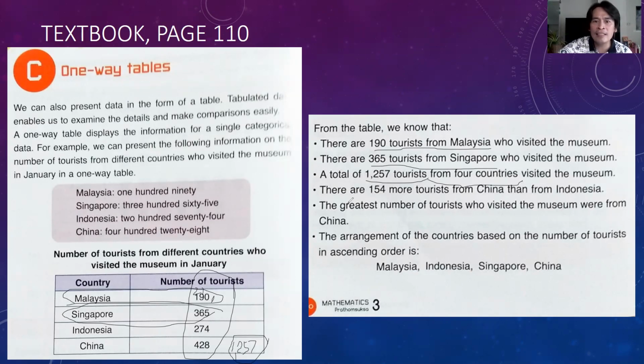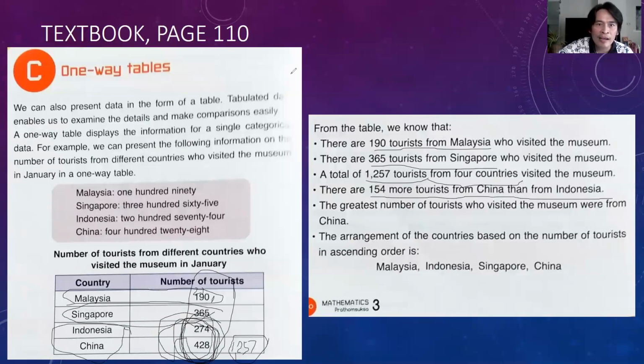1,257. Okay, next. There are 154 more tourists from China than from Indonesia. Where is Indonesia and China? You have to compare China, this, so this. So when you compare 274 and 428, you subtract 274 from the bigger number 428.